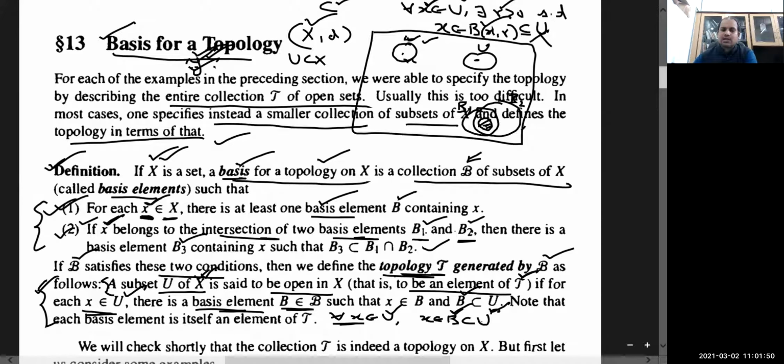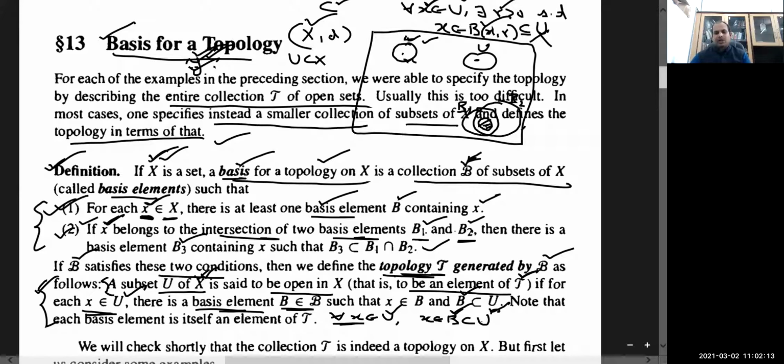What are those conditions? For each x belonging to X, there is at least one basis element B containing x. I mean, around every member of the set, from this collection, there should be at least one member B. So in simple terms, B stands for the members of this collection which we are going to claim as basis.